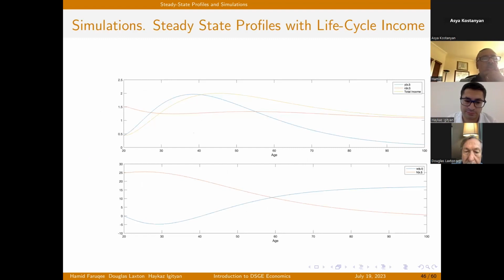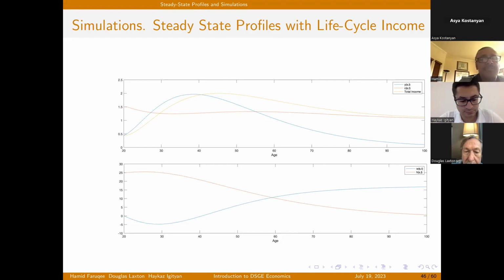So this just shows you what that looks like. The blue line in the upper panel is a steady state income profile that's hump shaped, as I mentioned before, where 20-year-olds are earning less relative to middle-aged workers in their 30s, 40s, and 50s. Eventually, as agents move further out, labor earnings decline as agents move gradually into retirement, and that's the blue path for your labor earnings.